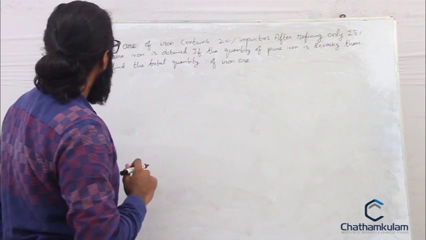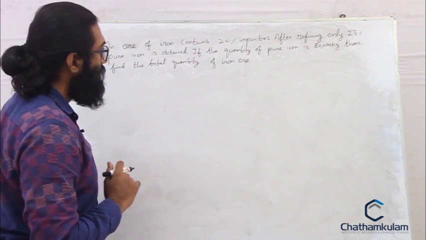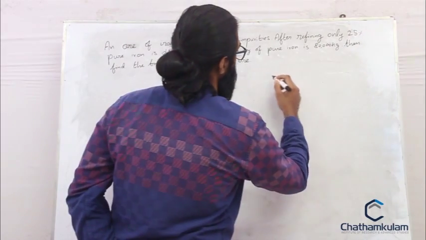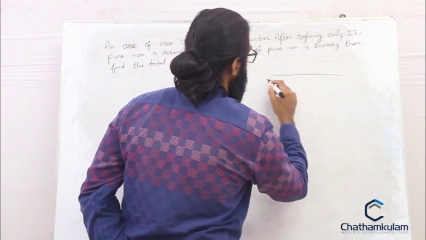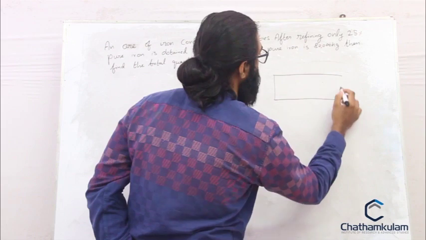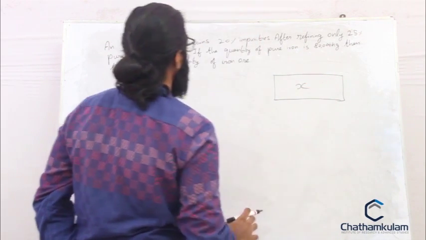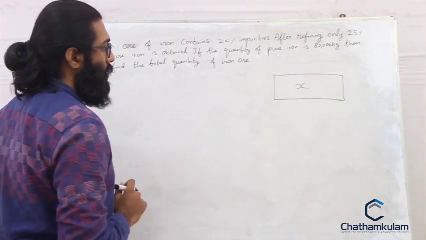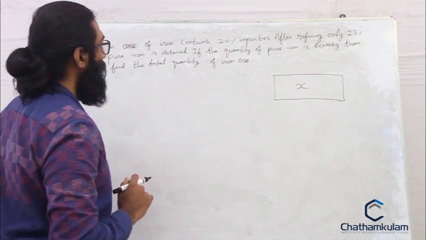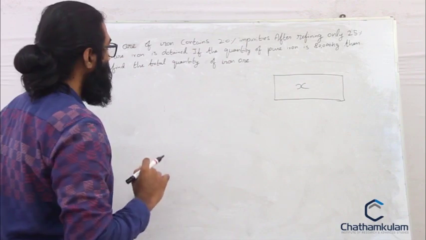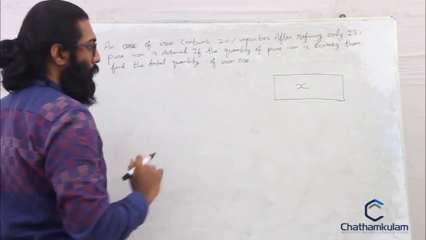An ore of iron contains 20% impurities. So let's say this is the quantity which contains X quantities. Okay, in this X quantities, it's given that this ore contains 20% impurities.